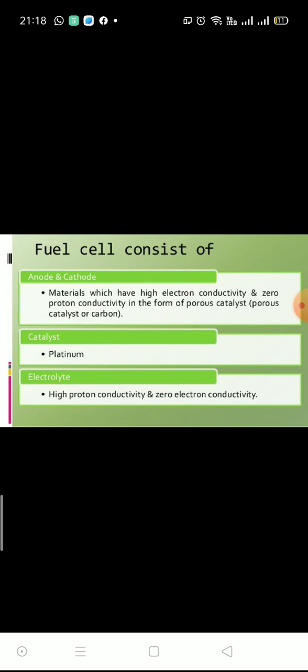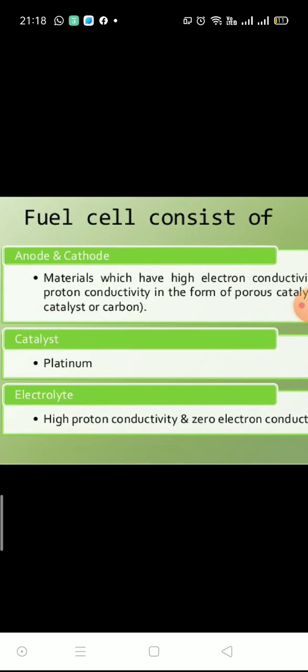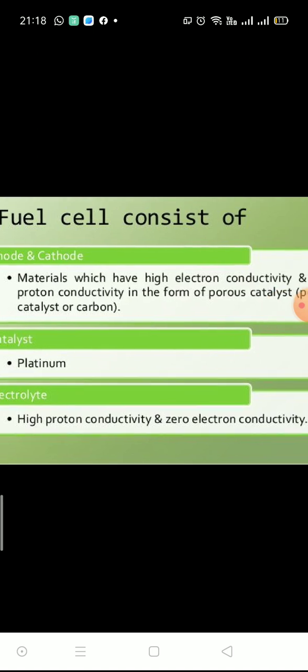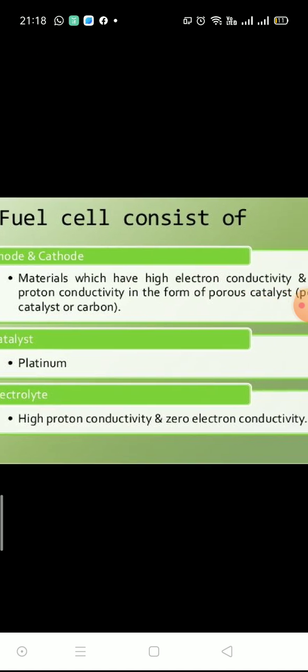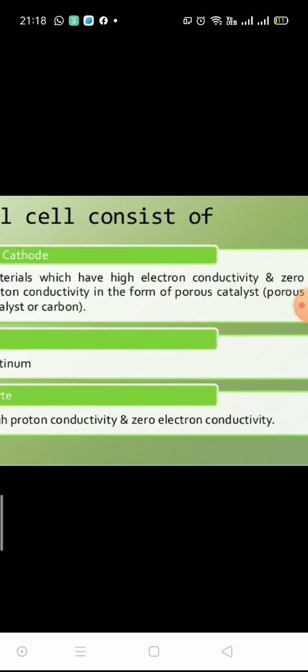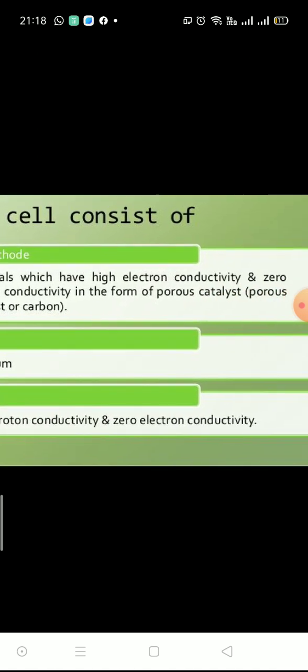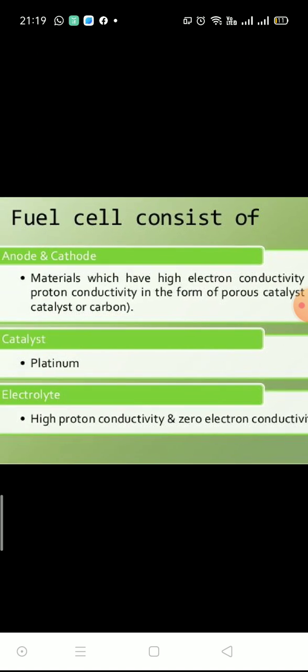How is fuel cell different from others? Fuel cell consists of anode and cathode made of materials which have high electron conductivity and zero proton conductivity, in the form of porous catalyst or carbon.